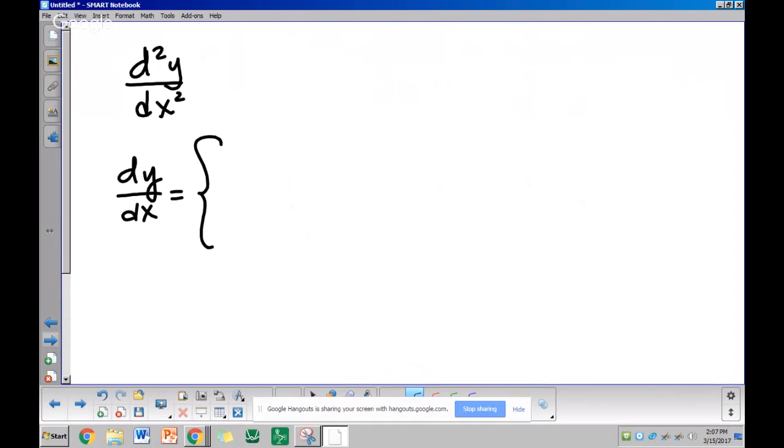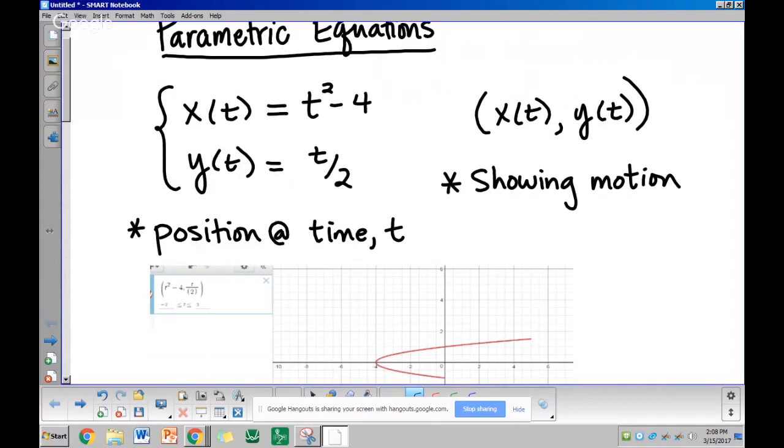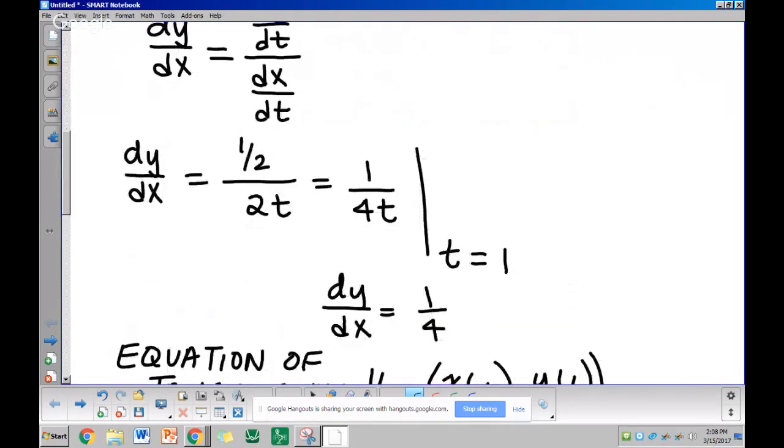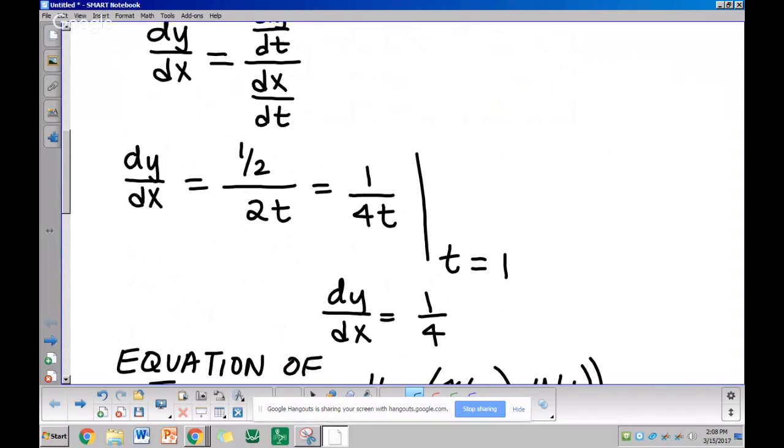What is our derivative? Right? We have to, because the derivative is also a parametric curve.